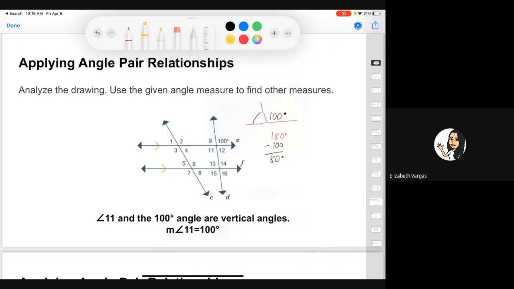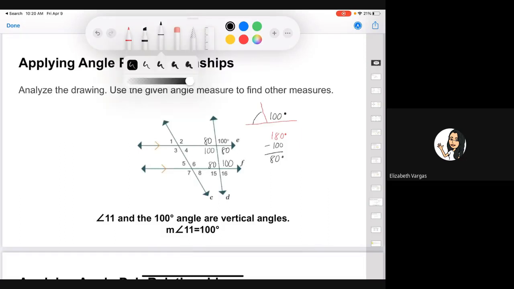I'll make this easier for us to see real quick. So we've solved for all these different angles so far. 80, 100, 80, 80, 100. Okay. Now let's look at, what about corresponding angles?